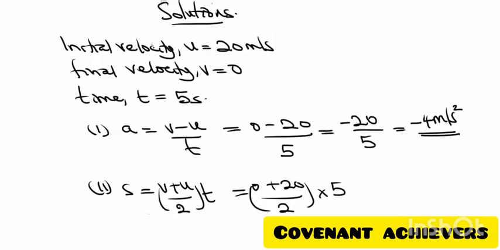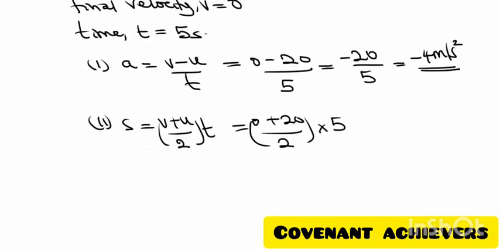So this is going to be 20 over 2 multiplied by 5. 2 goes into 20, 10. So that is 10 times 5, which is 50 meters. So the stopping distance is 50 meters, while the deceleration is minus 4 meters per second square.